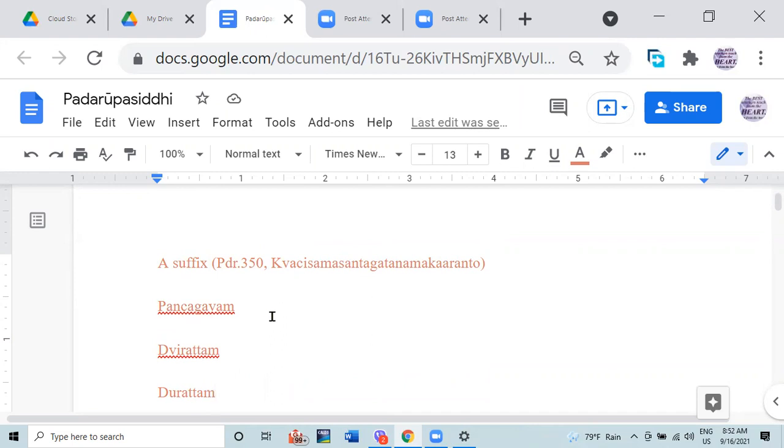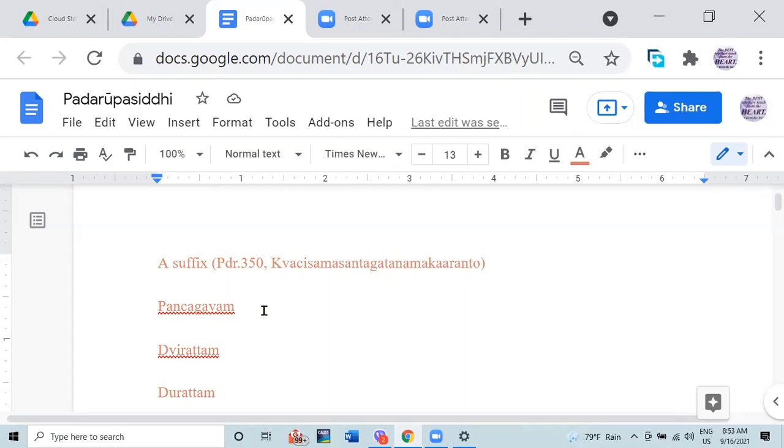Pancha and go means fivefold cattle or five cattle. So go ending in o becomes av, and then the ending a is a suffix. It is according to Padarūpasiddhi.